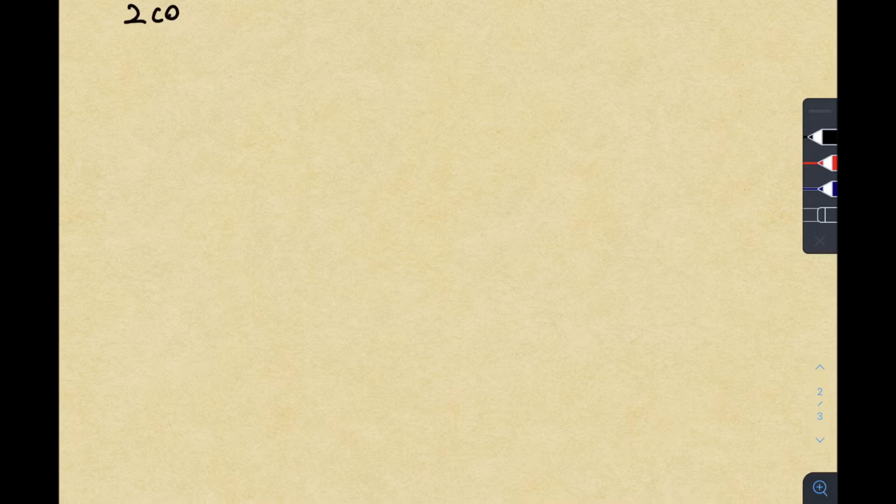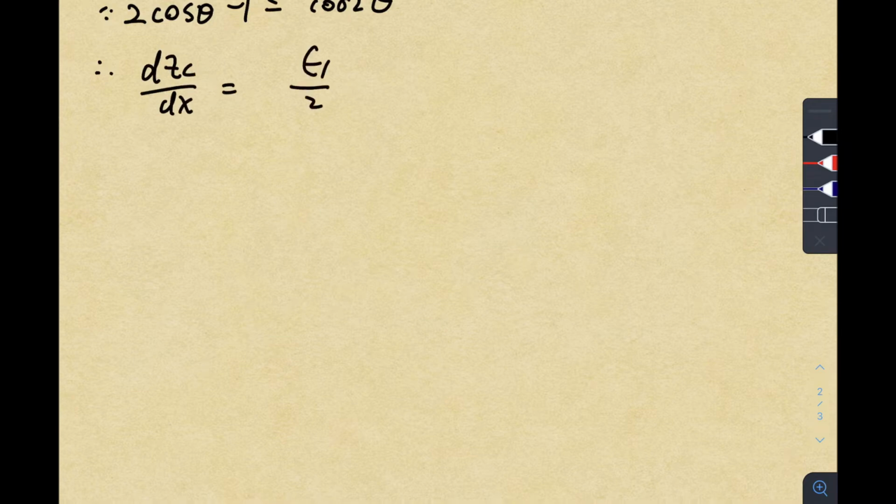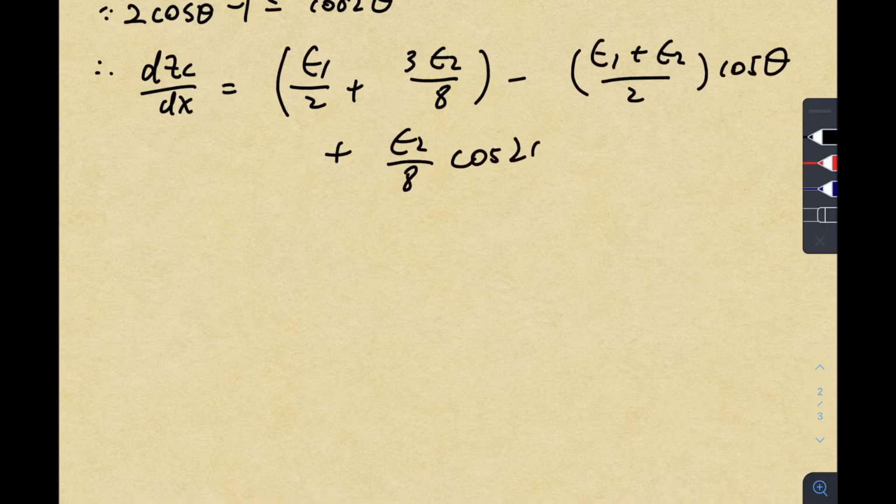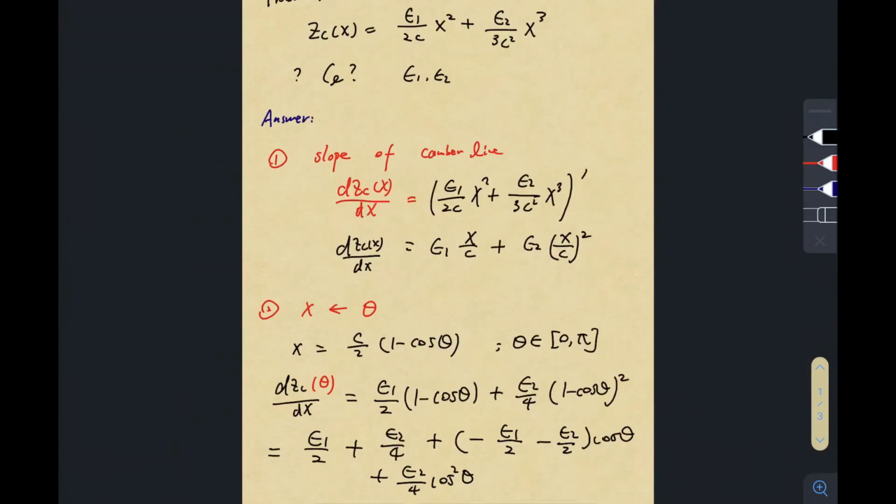Recall that cosine theta squared is (1 plus cosine 2 theta) over 2. Therefore, we can rewrite this expression as epsilon 1 over 2 plus 3 epsilon 2 over 8, minus epsilon 1 over 2 plus epsilon 2 over 2 cosine theta, plus epsilon 2 over 8 cosine 2 theta.